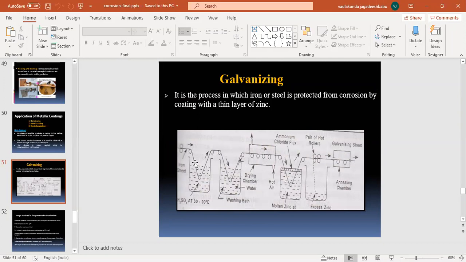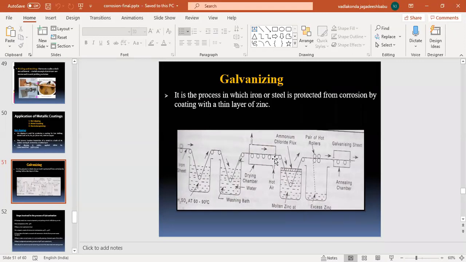Once again, I will repeat. Initially, the steel sheet or iron sheet, the base metal, is first subjected to acid pickling, dipped in dilute sulfuric acid at a temperature of 60 to 90 degrees centigrade. Then it is passed to the water bath to remove the traces of sulfuric acid.